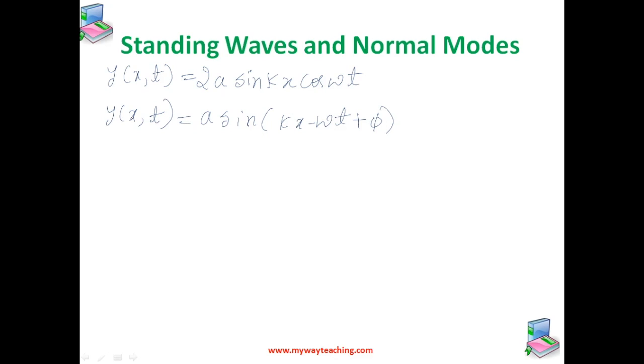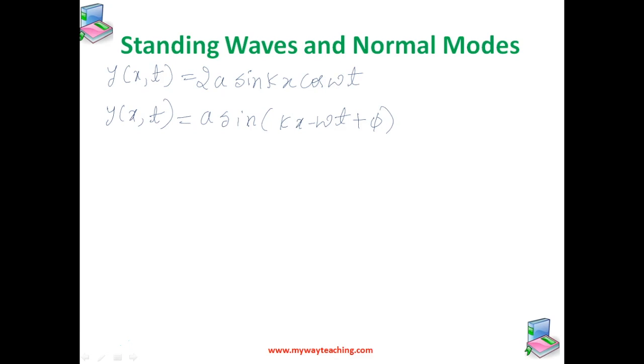The amplitude of this wave is 2a sin(kx), isn't it? Thus, in this wave pattern, the amplitude varies from point to point. But each element of the string oscillates with the same angular frequency ω. And there is no phase difference between oscillations of different elements of the wave. The string vibrates in phase with differing amplitudes, because the amplitude varies at each point. At different points, the amplitude will be different.